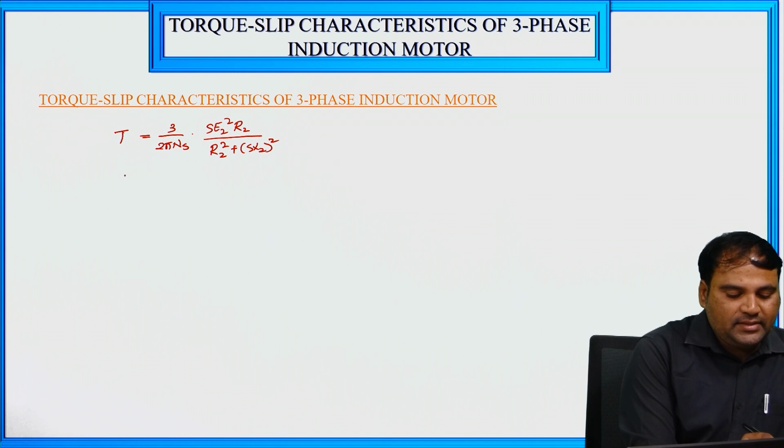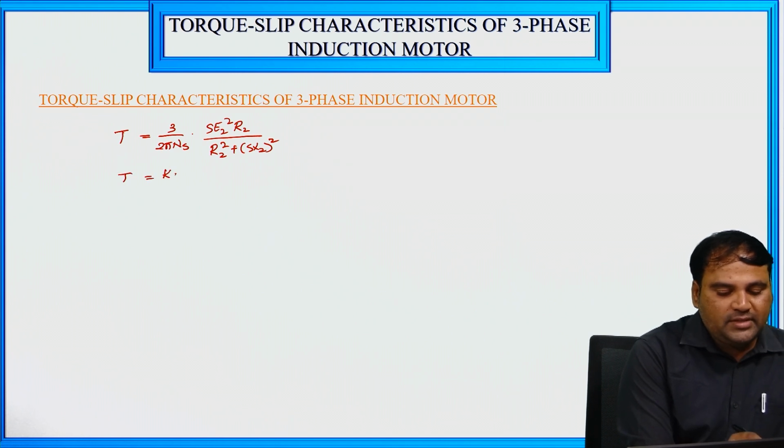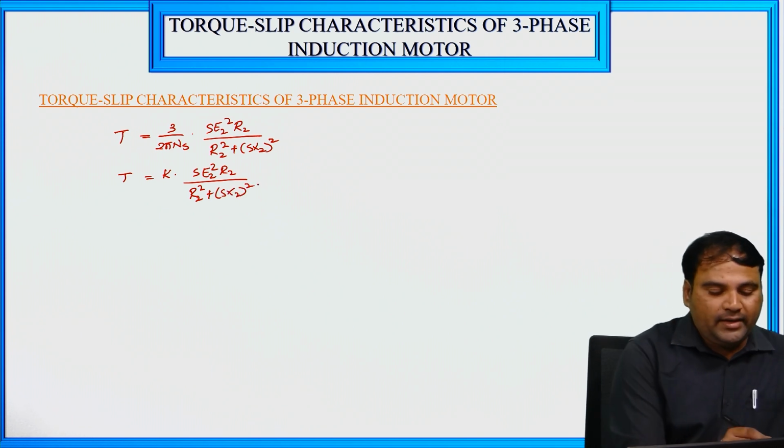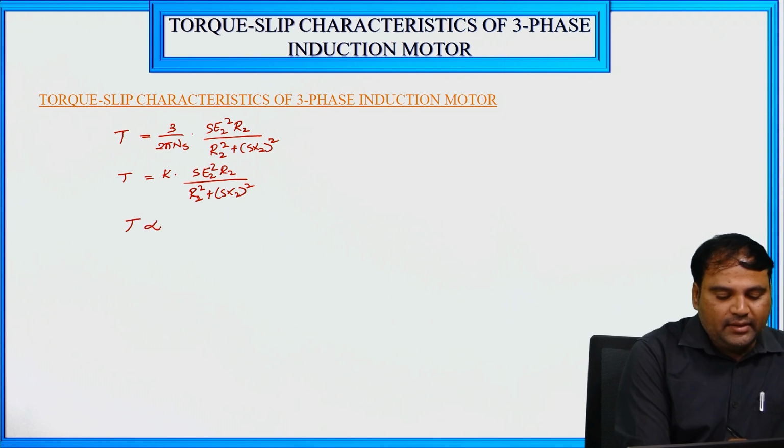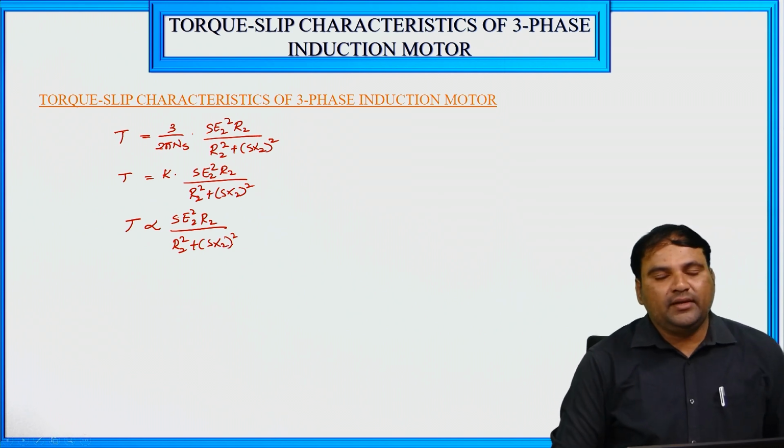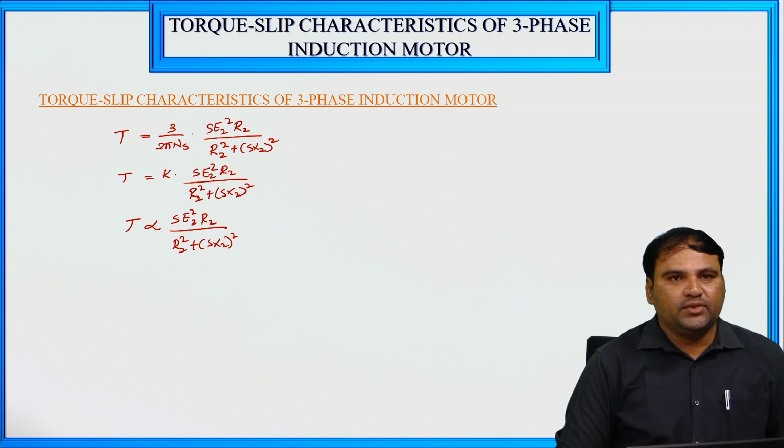I am writing this as T = some constant K × (S E2² R2) / (R2² + (S X2)²). Again, T is directly proportional to S E2² R2 divided by R2² plus (S X2)².